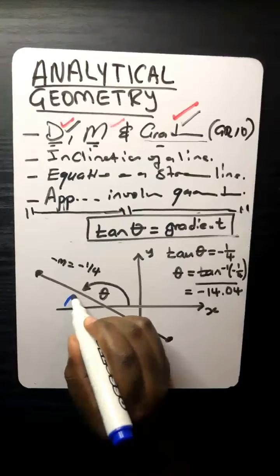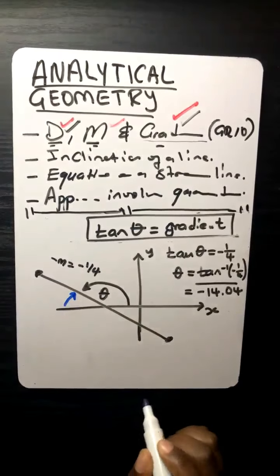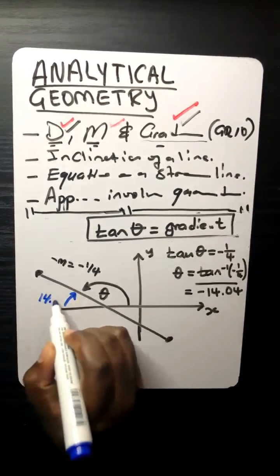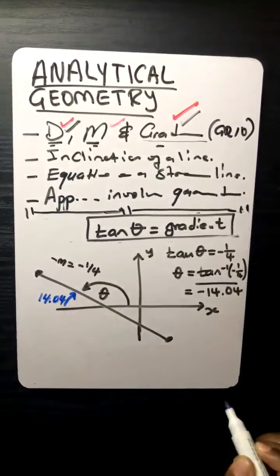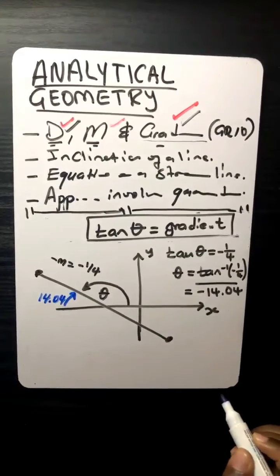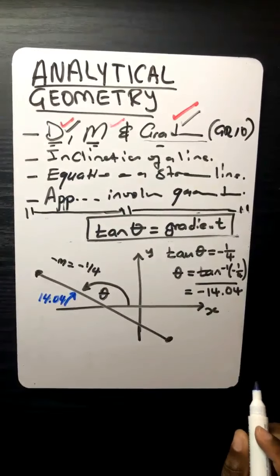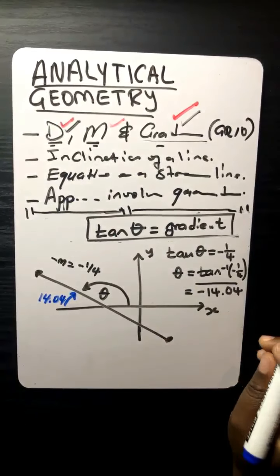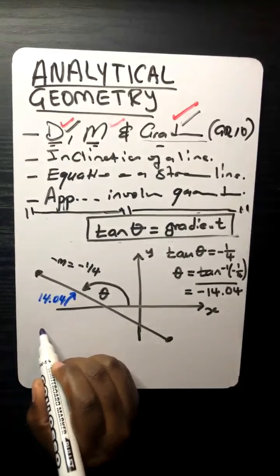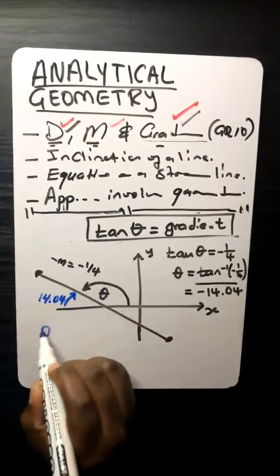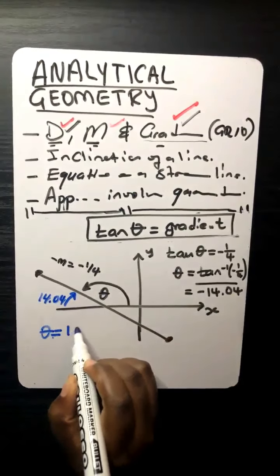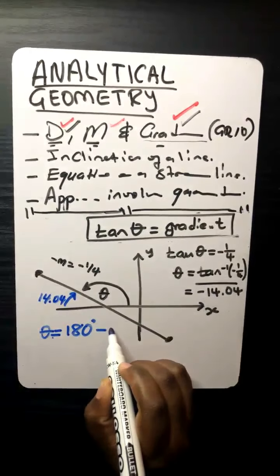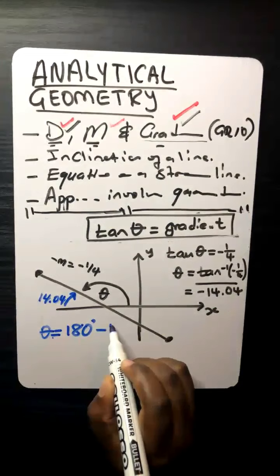So this is the clockwise angle that you are getting, which is 14,04. So what I used to do was, on your calculator, you just say plus 180. So that angle equals 180 degrees minus that angle that you got.